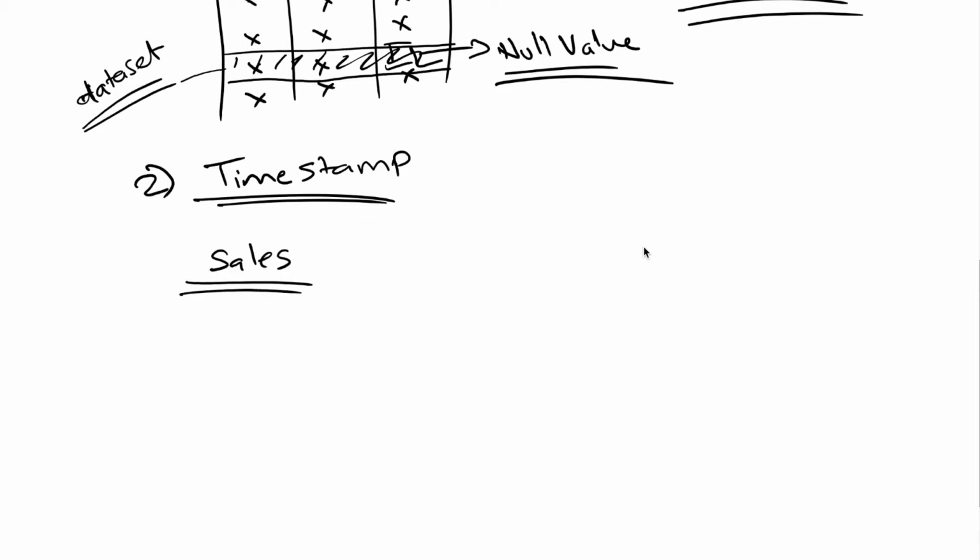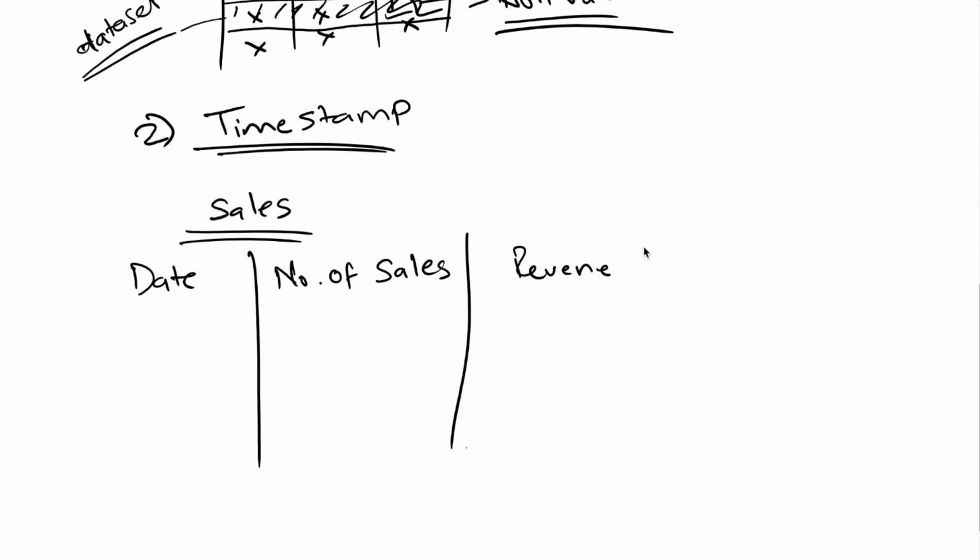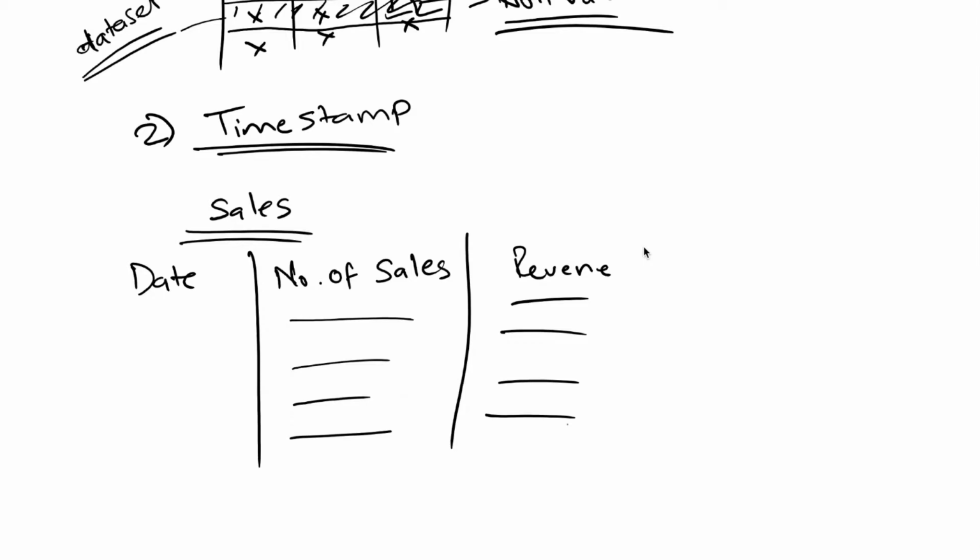You've got your date, you've got your number of sales, and you've got revenue. Now there is no problem with number of sales or revenue, but oftentimes what happens is that when you get this data from the companies, your date and time could be converted into a different format.